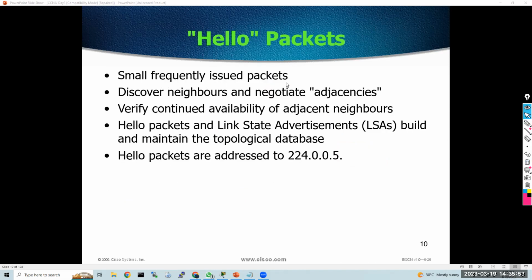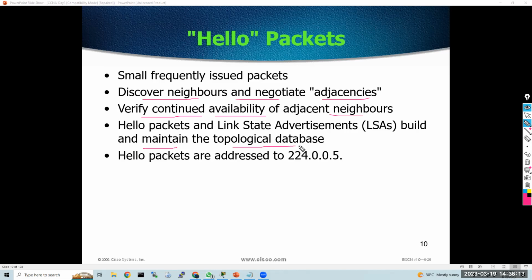The hello packet is issued frequently. It also negotiates and forms the adjacency, and verifies continuous availability of the adjacent neighbor. Hello packets and link state advertisements help build and maintain the topological database.